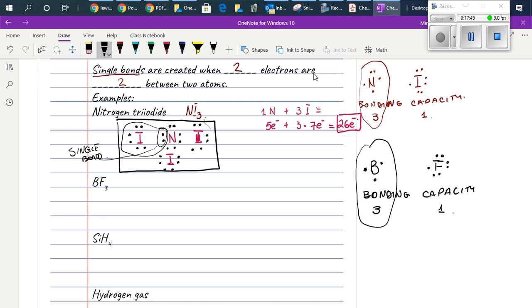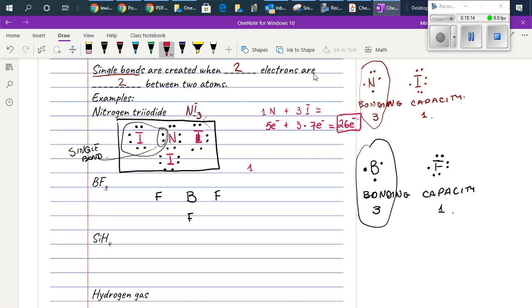So we'll start drawing the Lewis dot diagram by placing the central atom at the center, and then the outer atoms on the outer sides. And we have 3 because the formula is dictating that we have 3. Now we'll first count the electrons that each of them has.